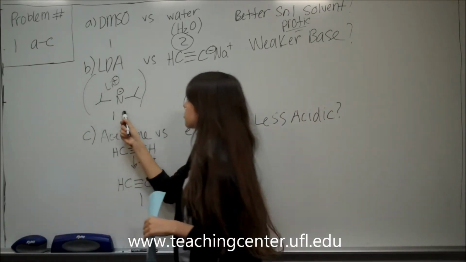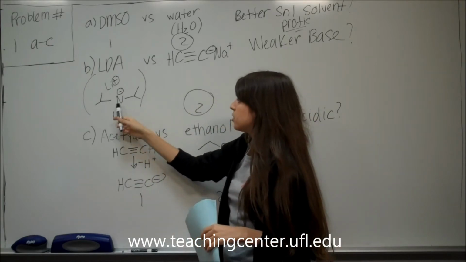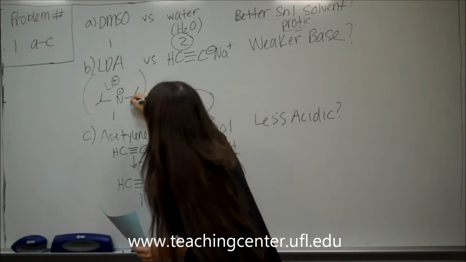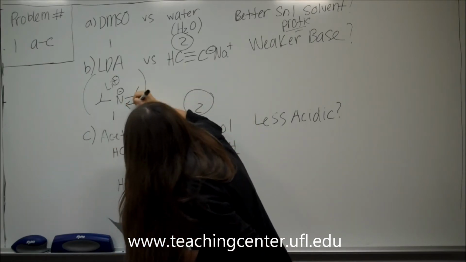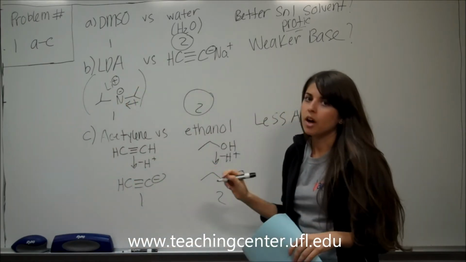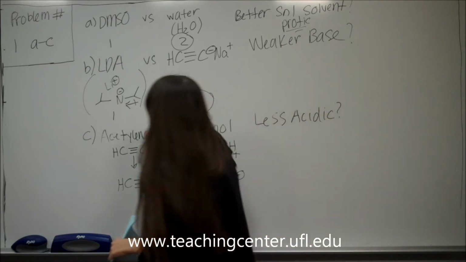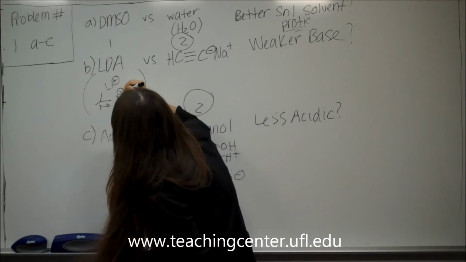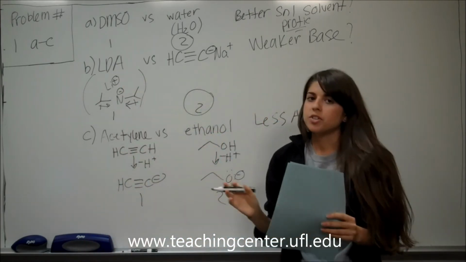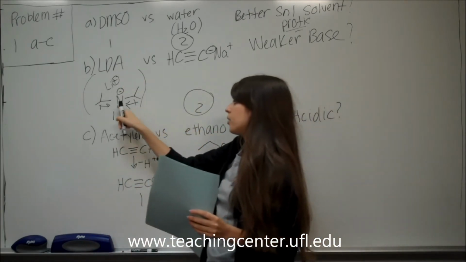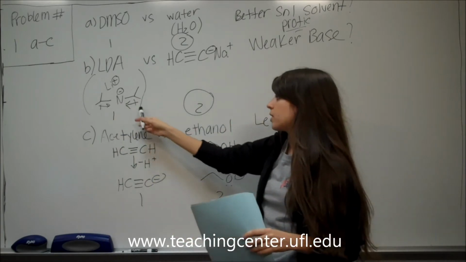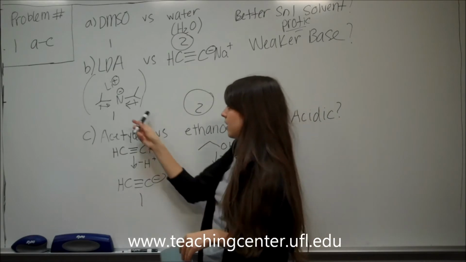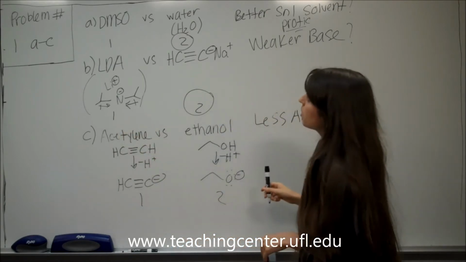So when you're looking at the structure of LDA, it has 2 isopropyl groups, and remember the whole debate about inductively donating groups. So carbon chains are inductively donating groups that localize charge density to the atom with the negative charge. So it has 2 inductively donating groups on either side of it, making that charge very unstable.